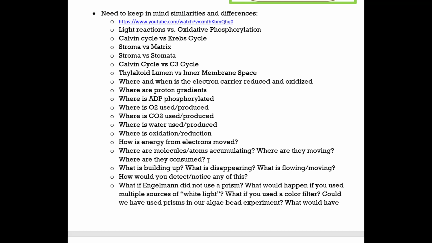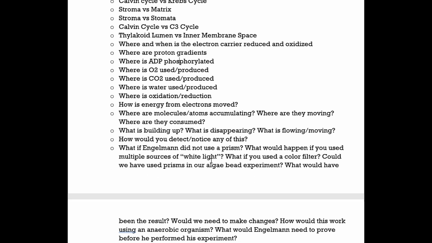Water is consumed as it is donating electrons to the reaction center of photosystem 2. And we do have energy from photons being passed around in the photosystem in the light harvesting complex.